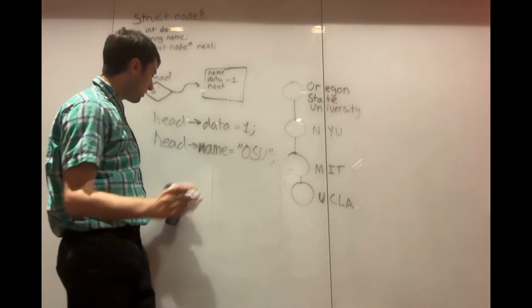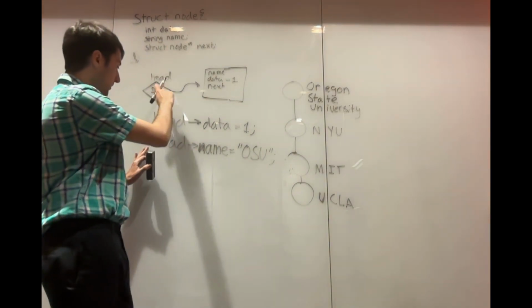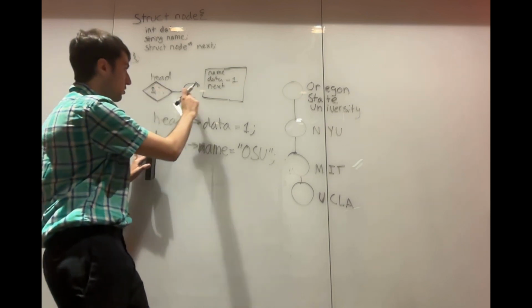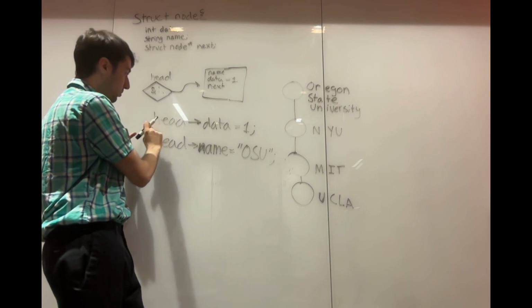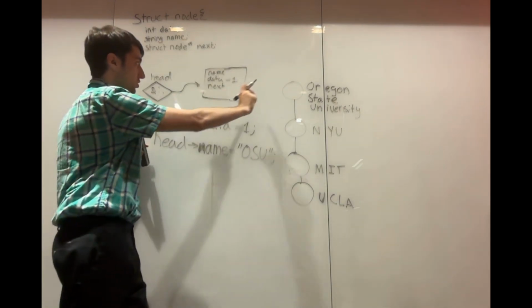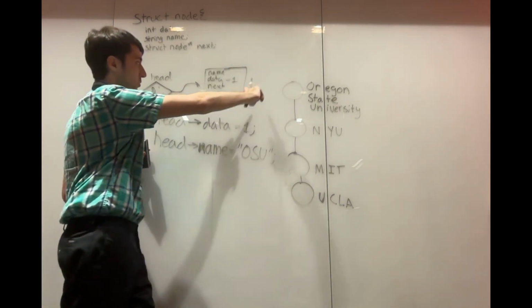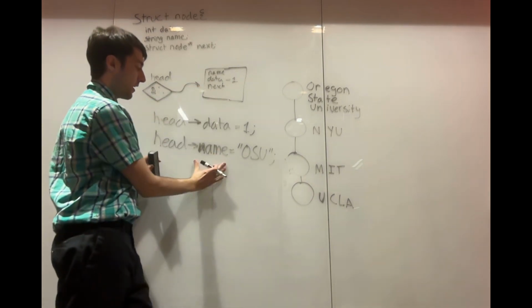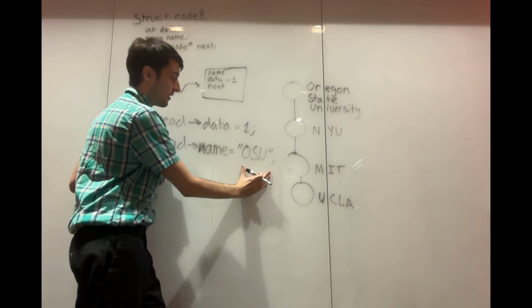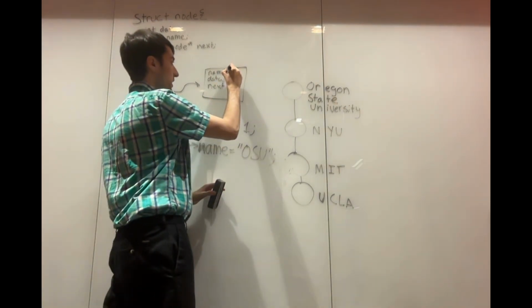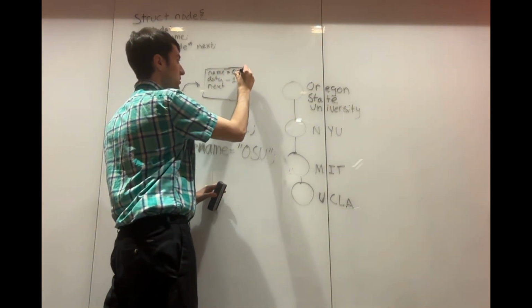It says, okay, I have head, and I'm going to go to the location which it's pointing to, which is this struct, and then I'm going to access the name member variable and assign it OSU. So now name equals OSU.